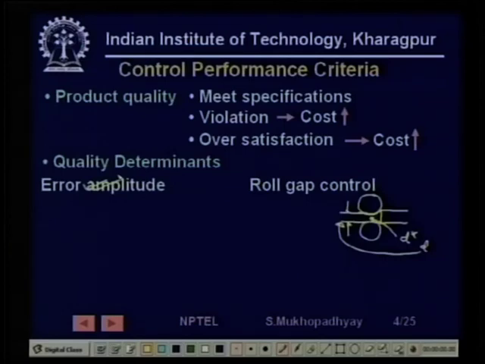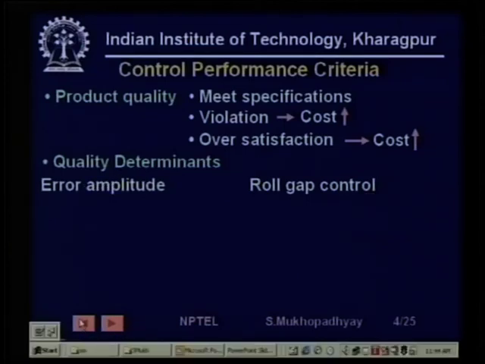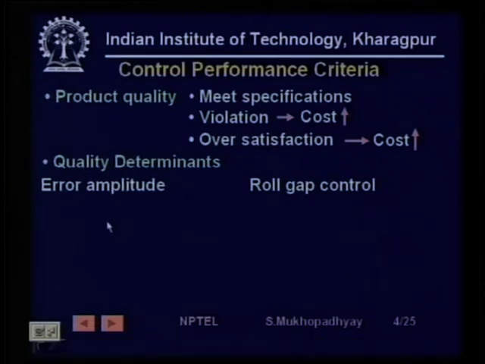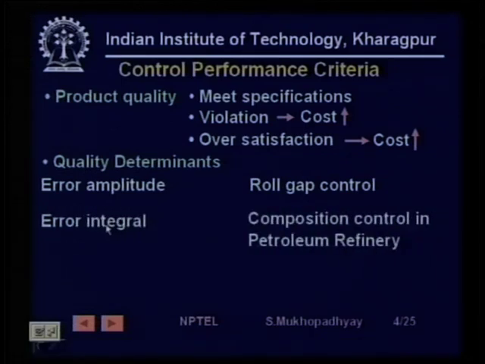Let us look at another example. Suppose we are looking at composition control in a petroleum refinery. What is the product there? The product is some hydrocarbon fuel, let us say petrol or kerosene. After the product is produced, it is going to be stored in some tanks, and after the tank gets filled up, it is going to be transported to the customer eventually.